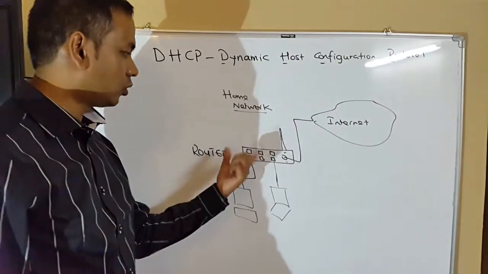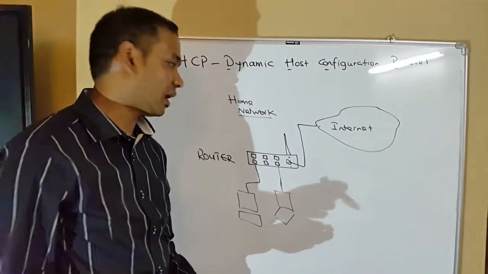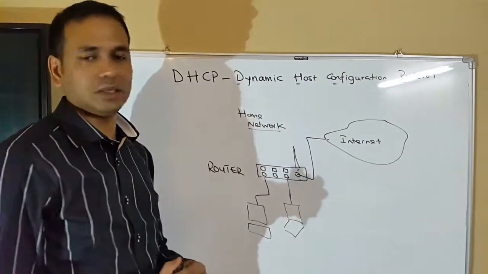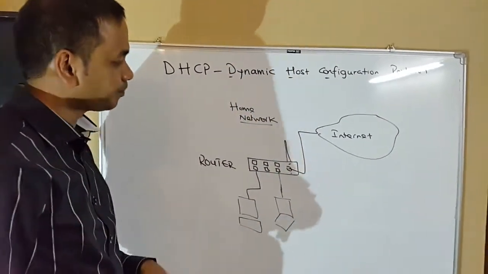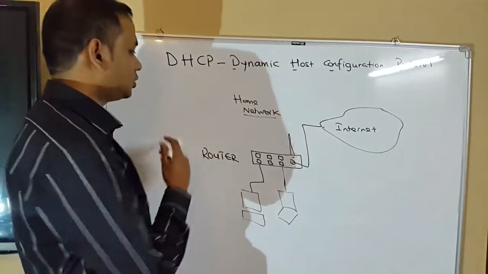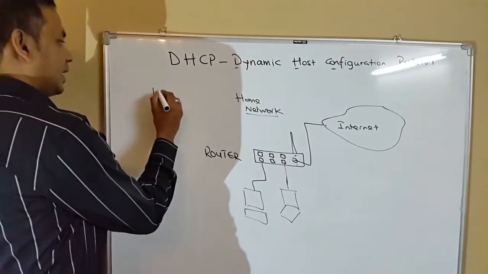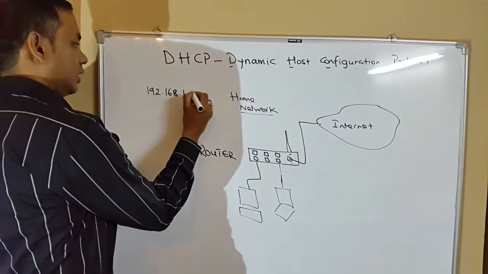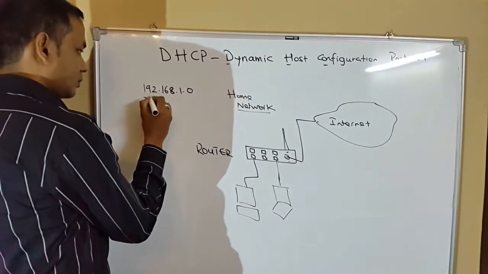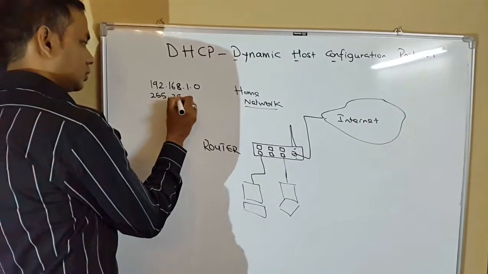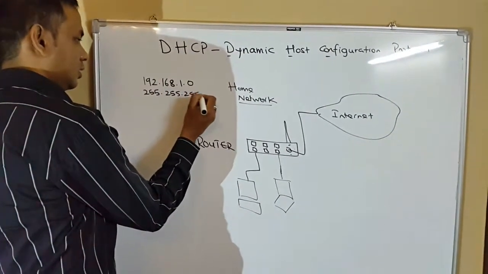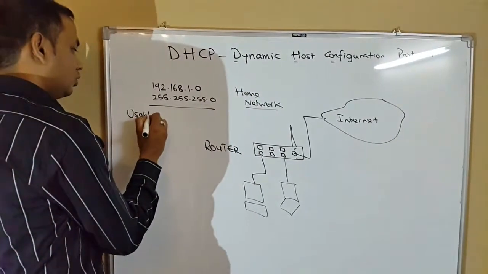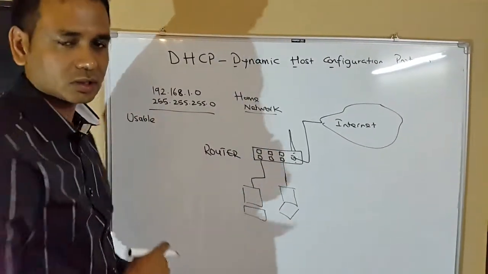If you just brought your router at home and now you need to configure your router, I will explain to you how DHCP is in place. For example, you choose to use the network 192.168.1.0, and as you know, you have 254 usable IP addresses.